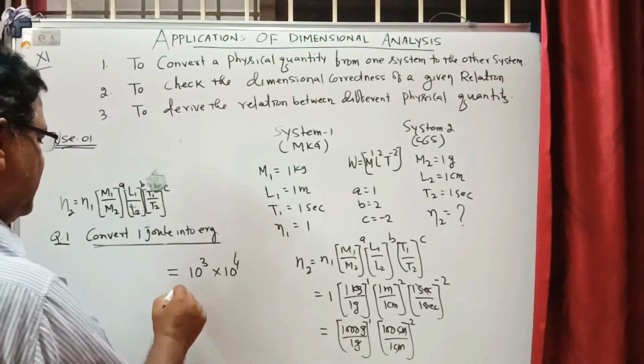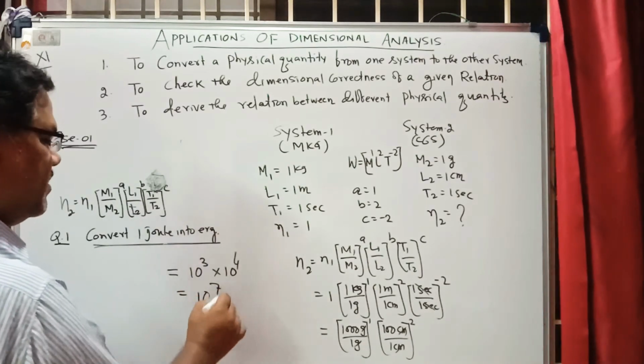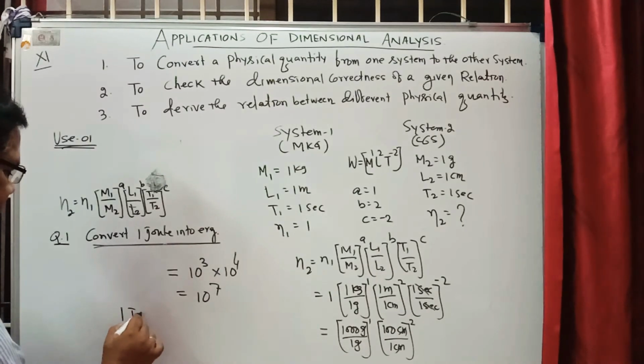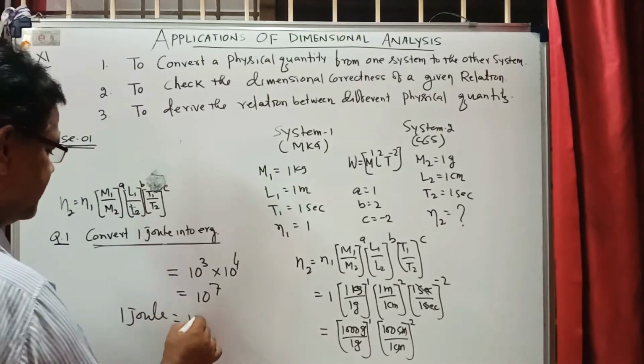The seconds cancel, so you are finding 10 to the power 7. So how are you converting it? 1 joule is 10 to the power 7 erg.